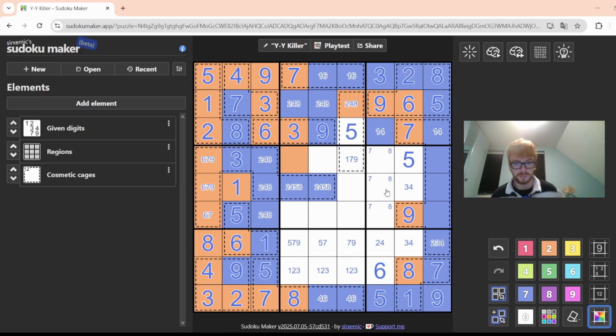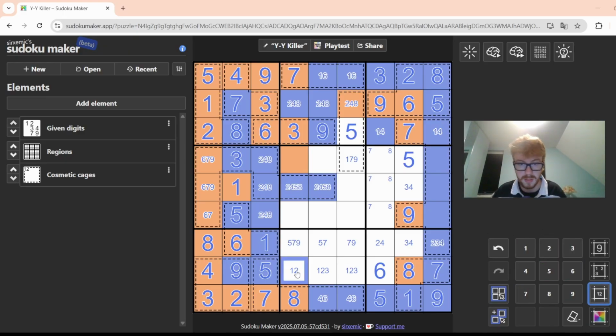I'm not sure. I am not sure. This is in the 3. I don't know if I want to use that cage. I do like that it does this, making that not a 7.